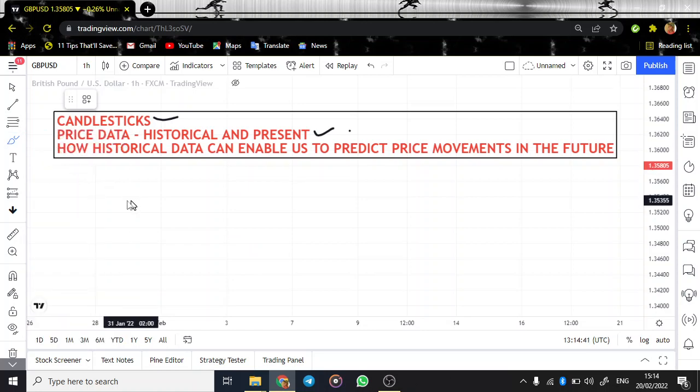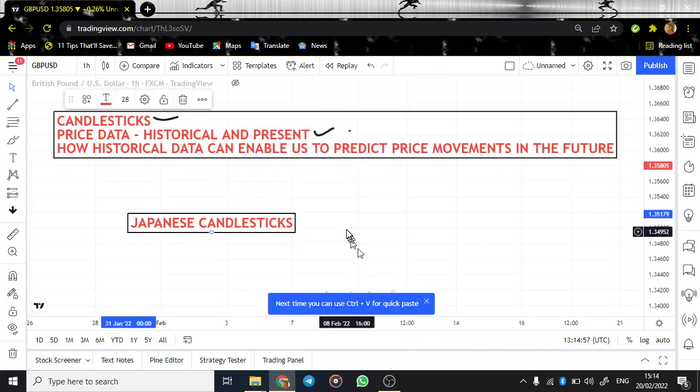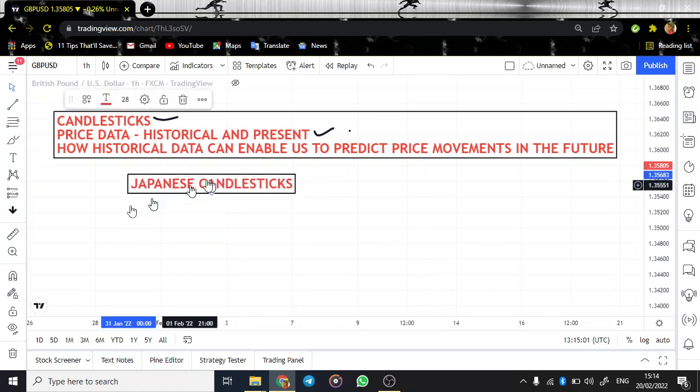Japanese candlesticks are the most common instruments used in order to show us price data in the forex charts.